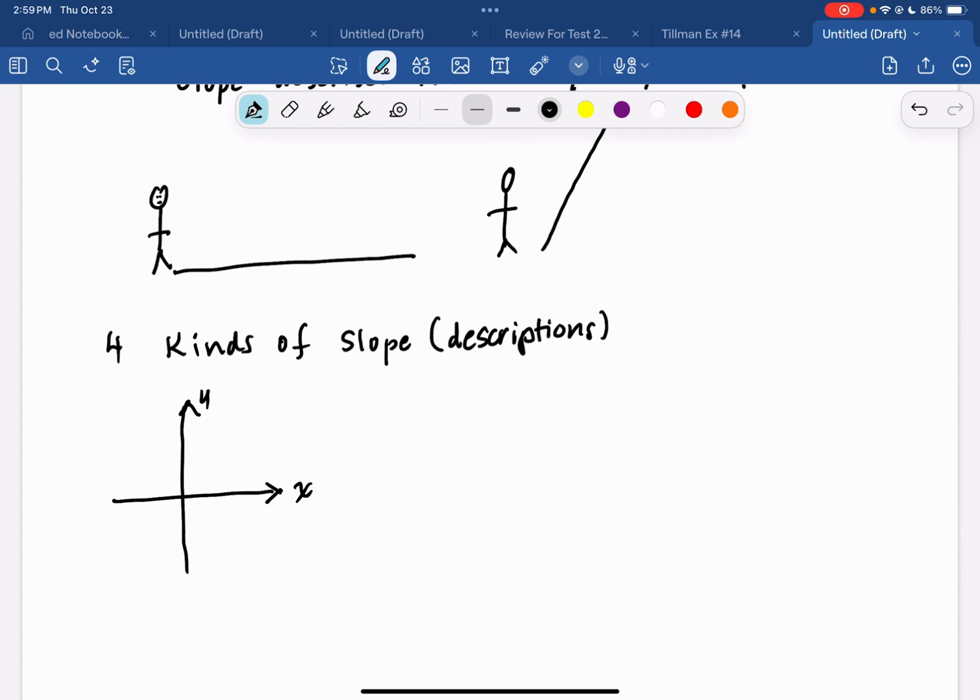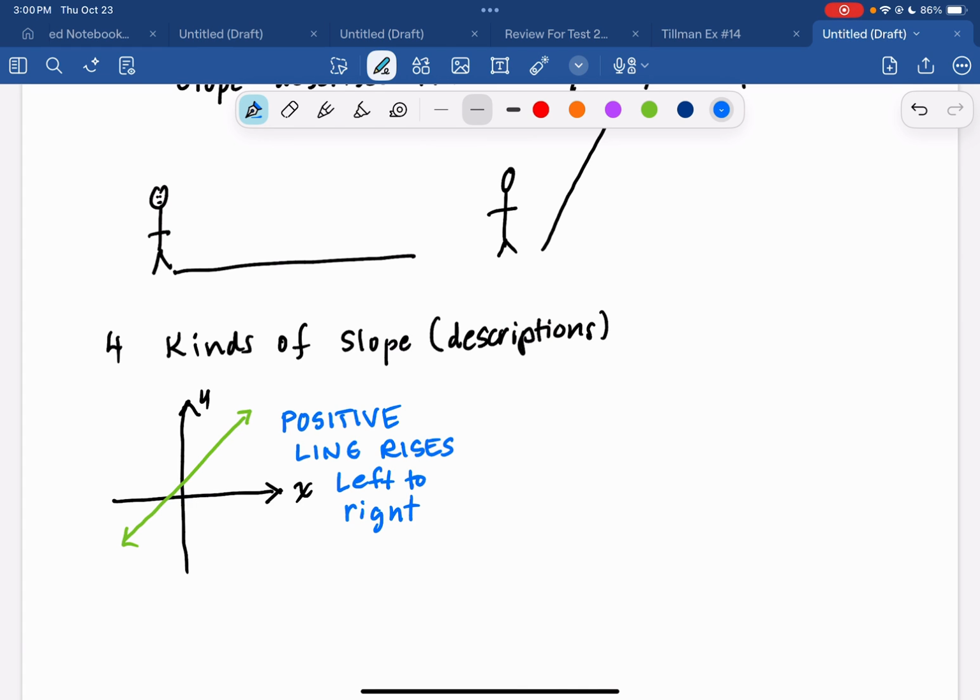The first line I'm going to draw here is going uphill like this, and we describe that as a positive slope. So anytime a line rises, as we read left to right, we consider that a positive slope. So it's like you're going uphill. And we always read left to right.